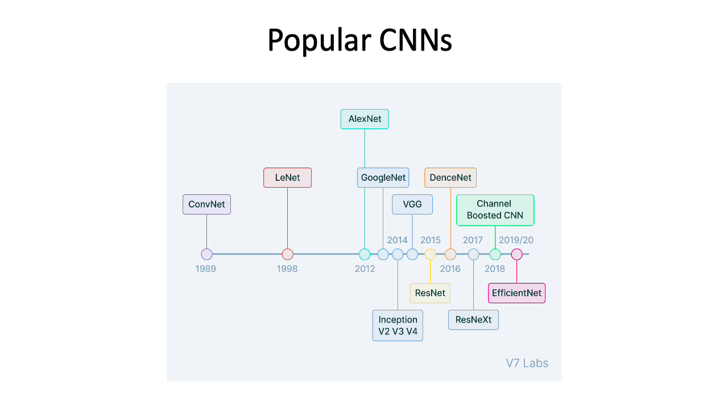This shows the different popular CNN architectures. There was AlexNet in 2012 with the ImageNet challenge, and from there VGG16, then ResNet 50, and then lately in 2020 EfficientNet was really the big thing.